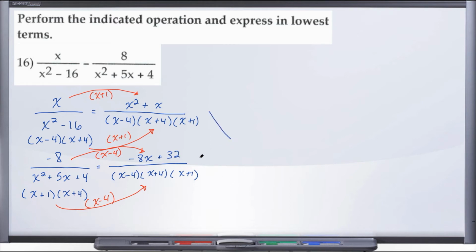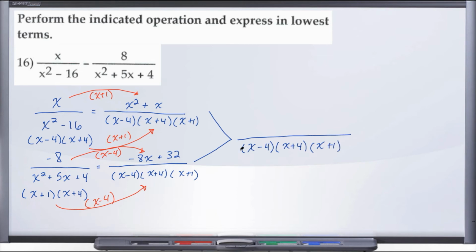Well, all right. Now that I have a common denominator, I'm going to go ahead and combine these two into a single fraction. The common denominator, which I've already built, is going to just come over. So x minus 4, x plus 4, x plus 1. And you'll recall from previous videos, what did we say?